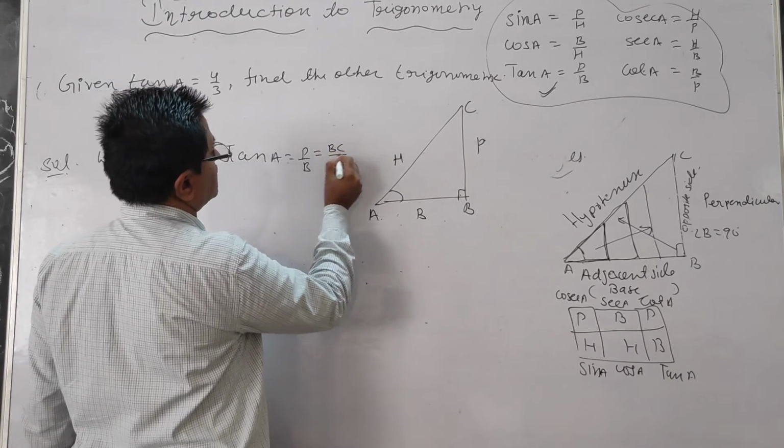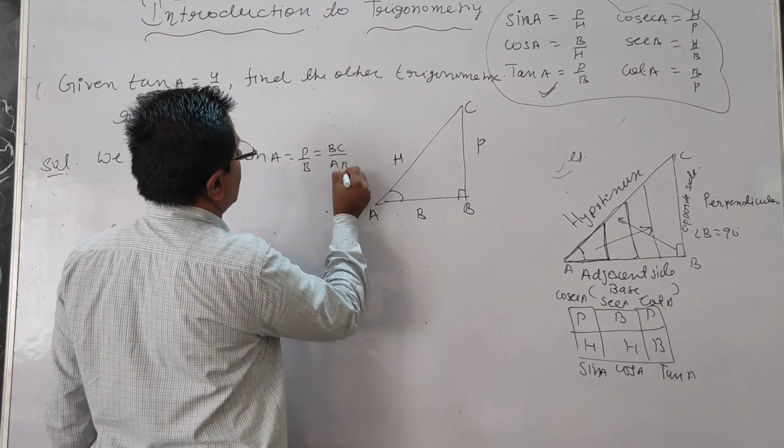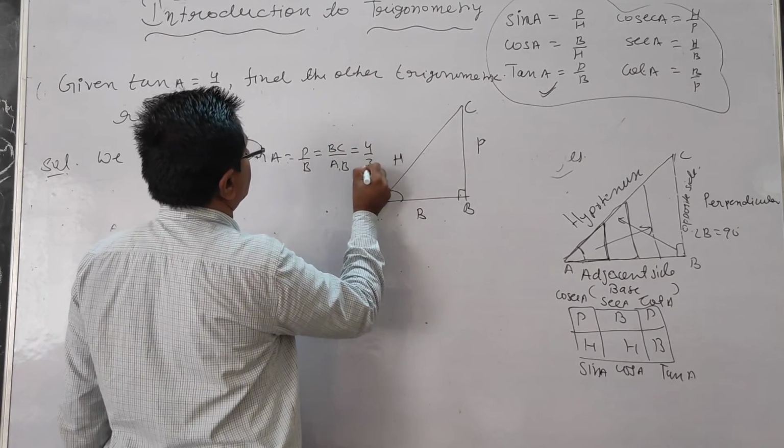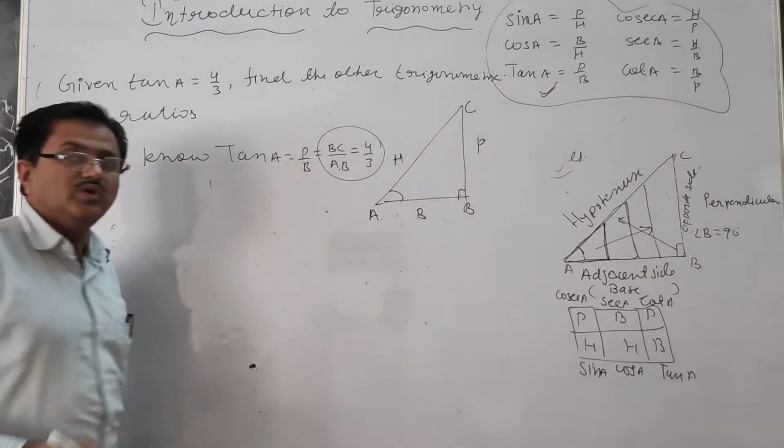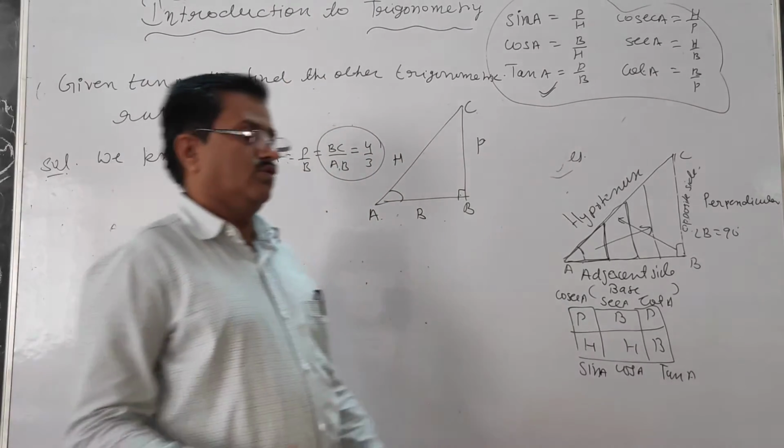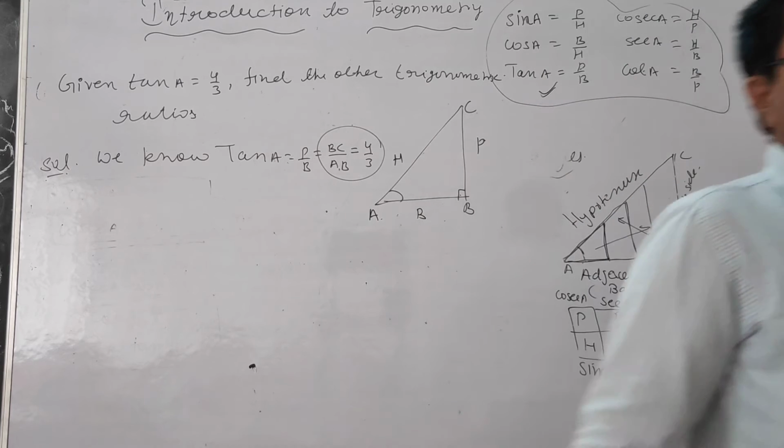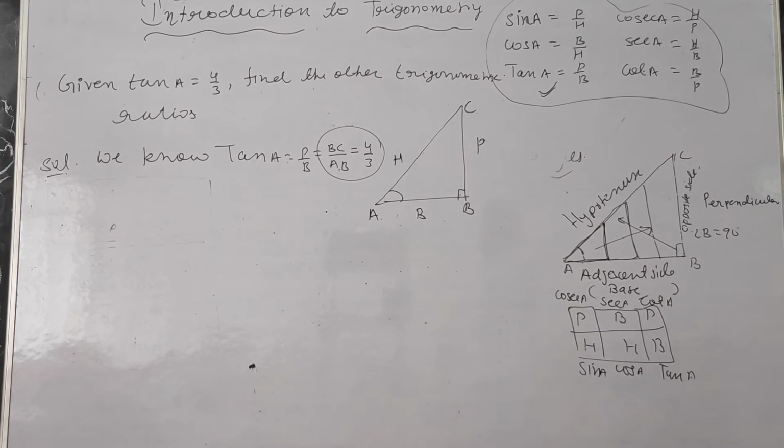Perpendicular means BC and base means AB. Now what is given? 4 by 3. We are given the ratio of the perpendicular to the base. That is, if perpendicular is 4 units, then base will be 3 units.